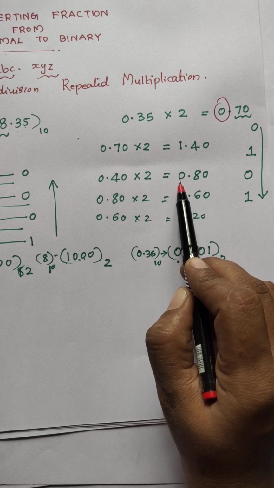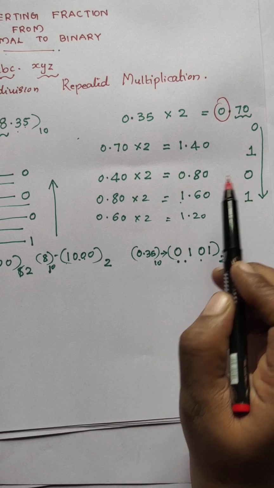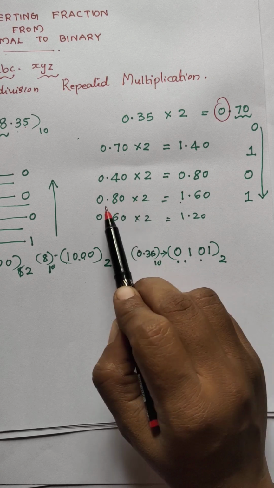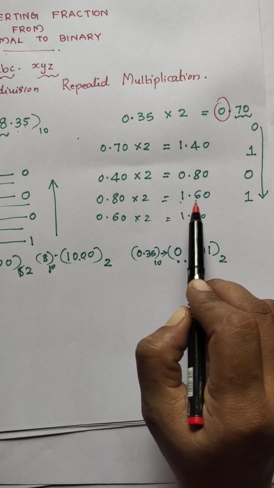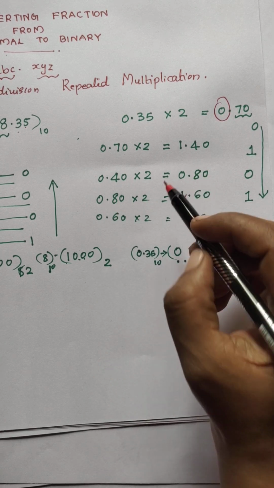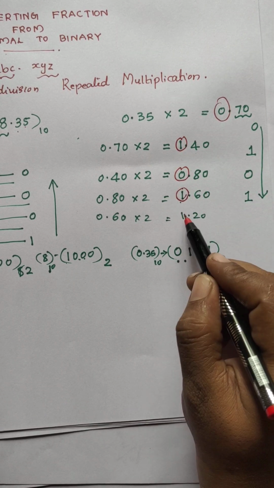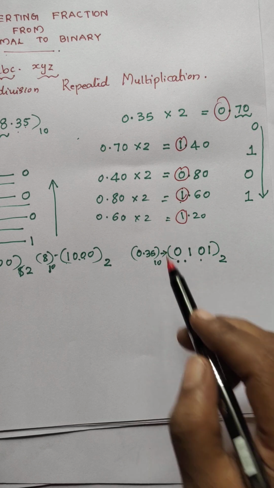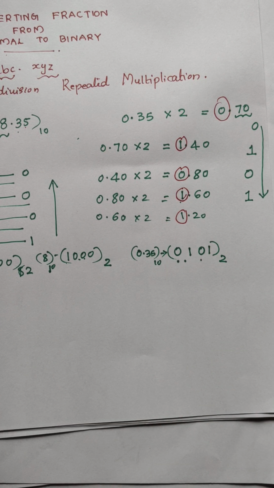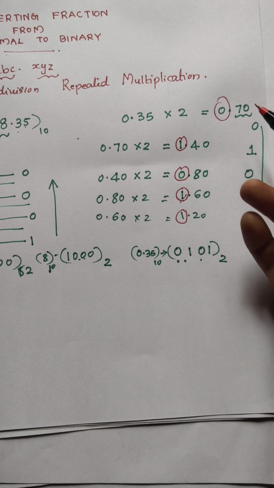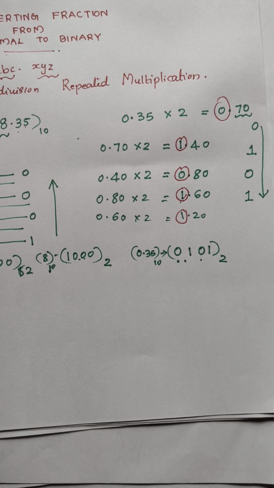That 0 is the integer part we mention here, and 0.80 into 2 is 1.60, and we take this 1. We take all these integer parts, and multiply the fractional part by 2 again and again, and it will produce results continuously.